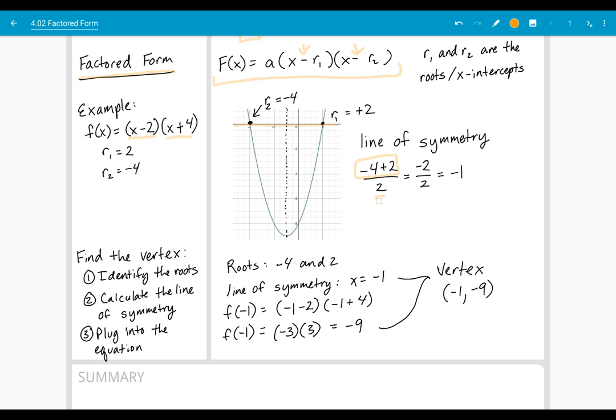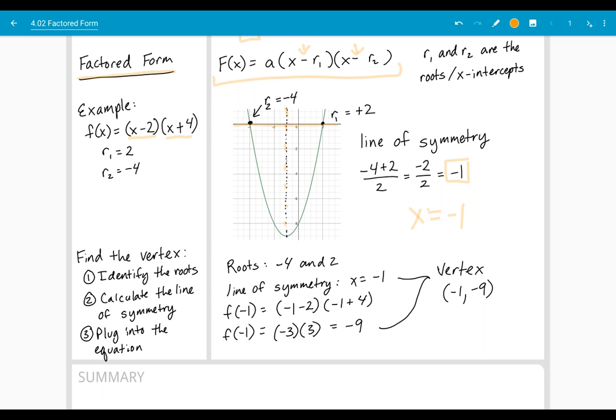We're averaging those two things to find what number is exactly in the middle. In this case, it was negative 1. And you can draw a vertical line there at x equals negative 1.